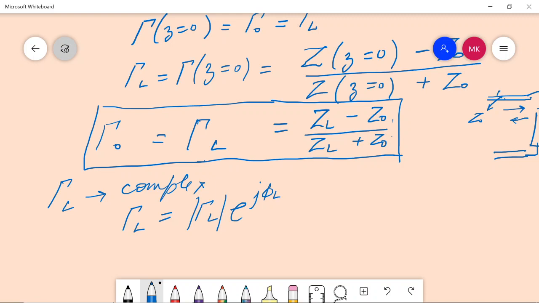So in general, we can write gamma L is given by magnitude gamma L times e to the power j phi L. Okay. So here is the complex quantity.